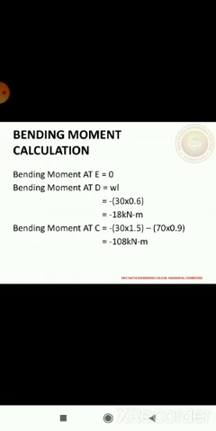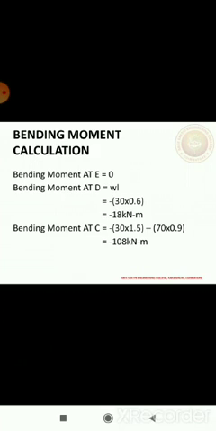For the bending moment at C, we have to look at points D and E. So first we calculate between C and E.